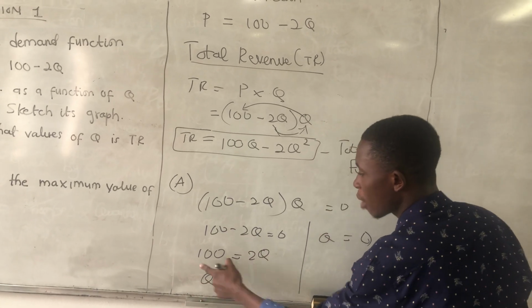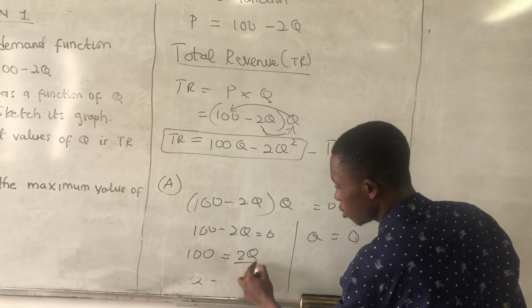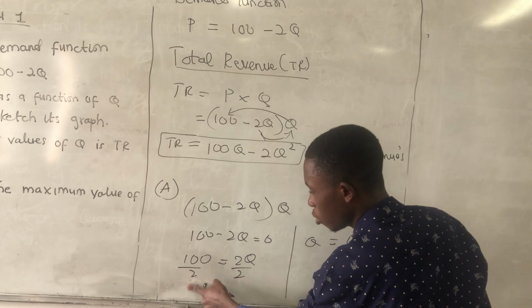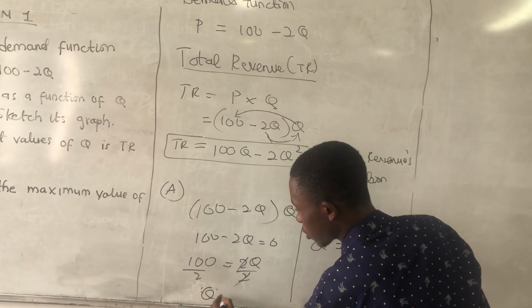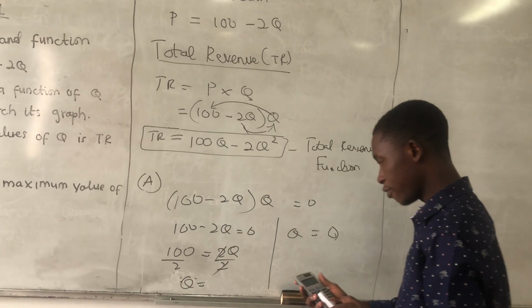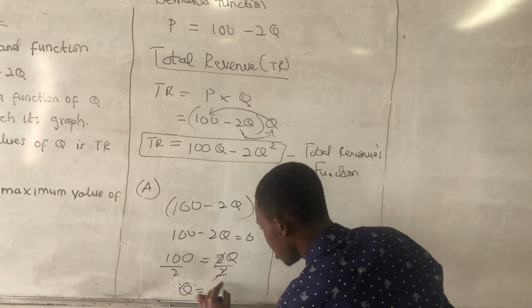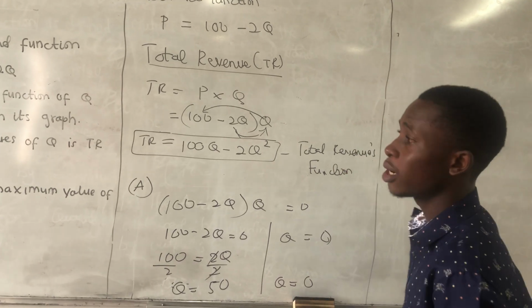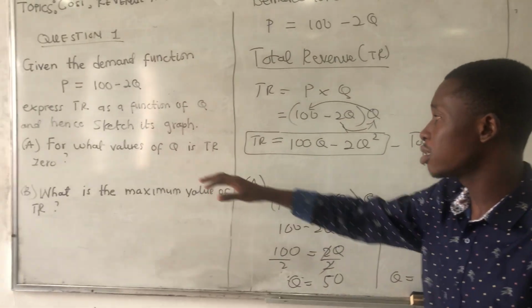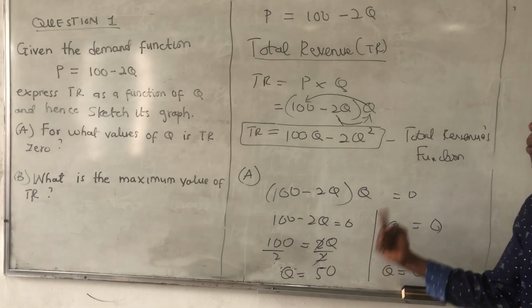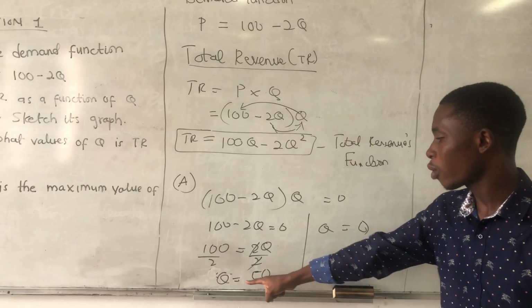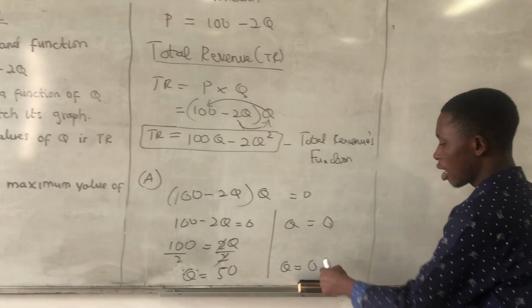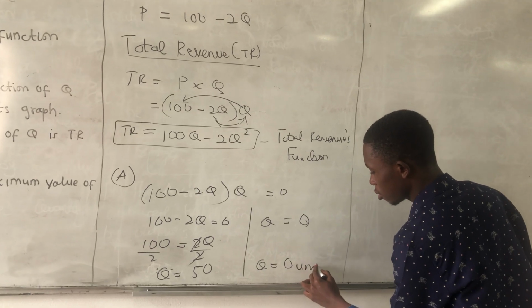When we divide both sides by the coefficient of Q, which is 2, 100 divided by 2 gives us 50. So the values of Q which make total revenue 0 are when Q is 50 units and when Q is 0 units.